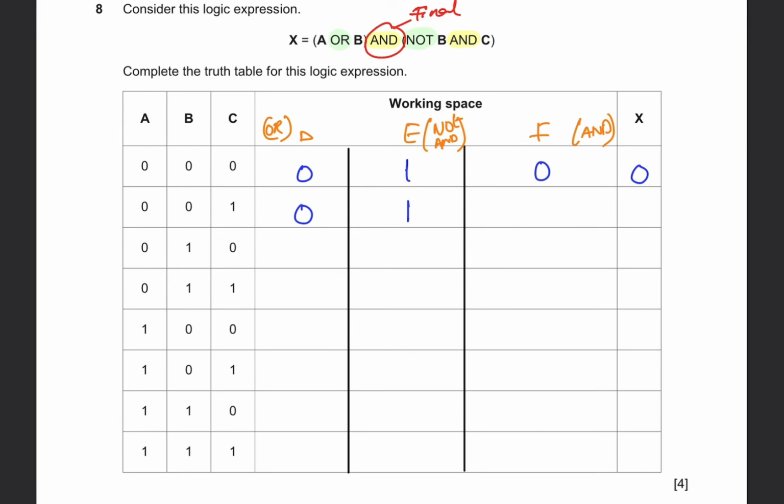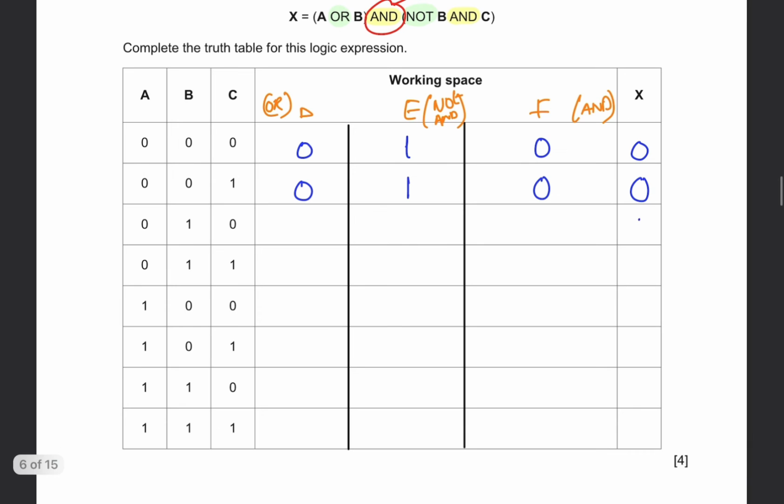The same thing, 0, 1 will become 0 again because of the AND gate. Final gate is the AND gate, 0 and 0. Similarly, for all the other questions, we will be doing it. I will just give you the answers. You need to solve it: 0, 0, 0 and 1, 0, 0. These are the answers.